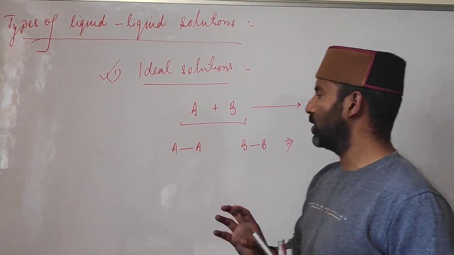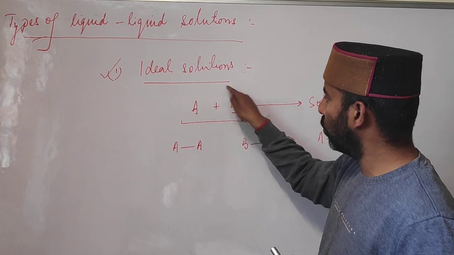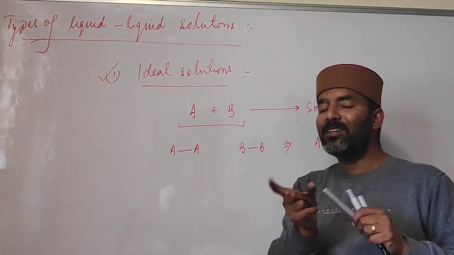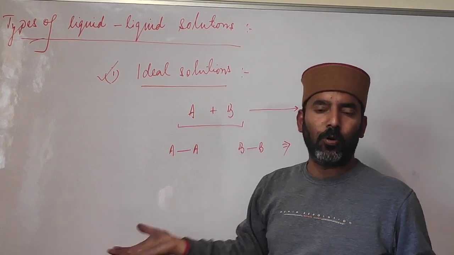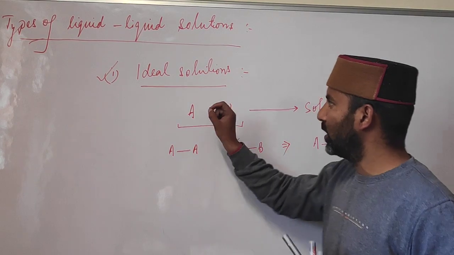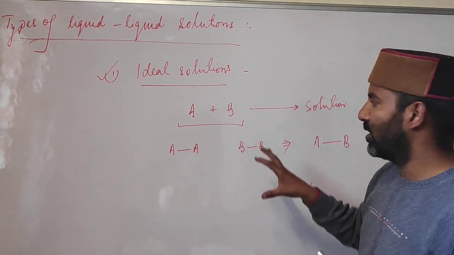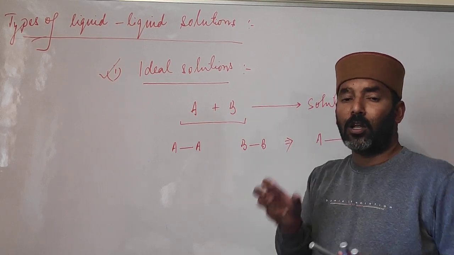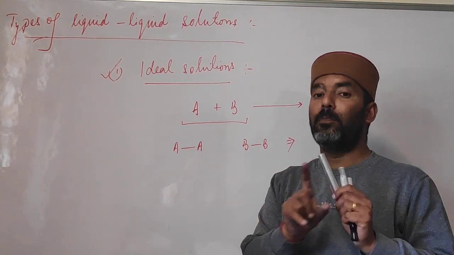Now let me tell you students, an ideal solution is formed by mixing two different components. These components can be nearly same, but exactly same no two liquids can be, there will be some small difference. So students, listen carefully that an ideal solution is rare. A solution can be nearly ideal, not perfectly ideal.